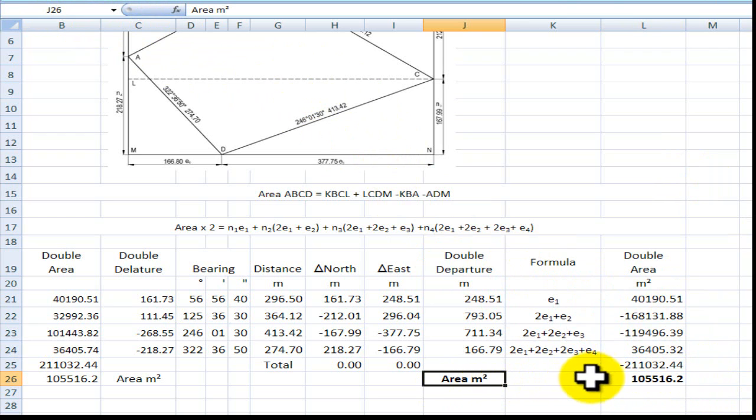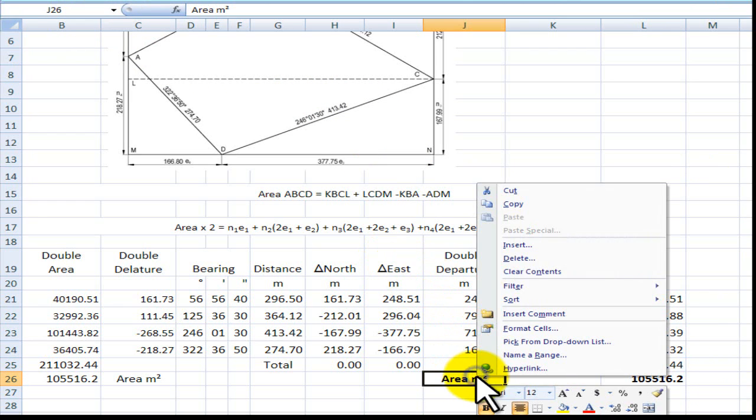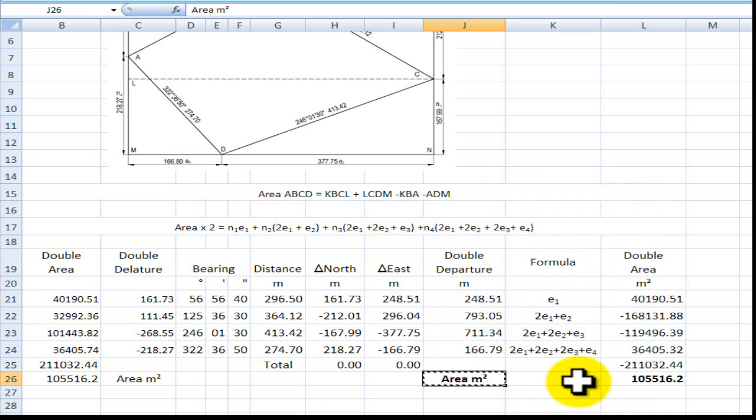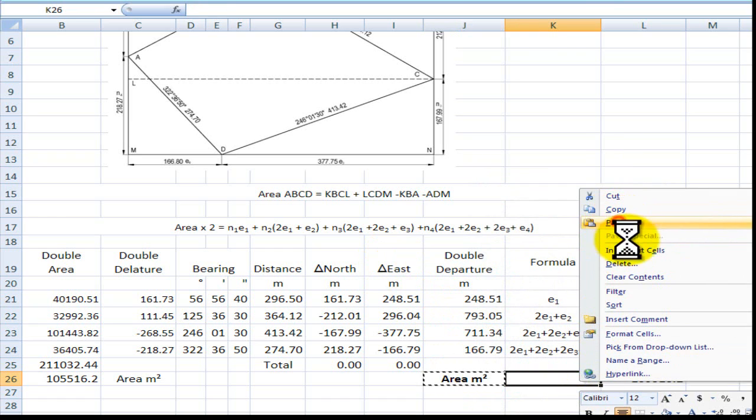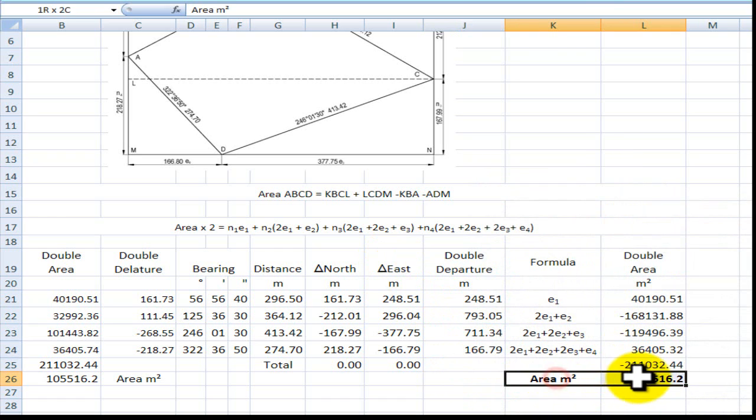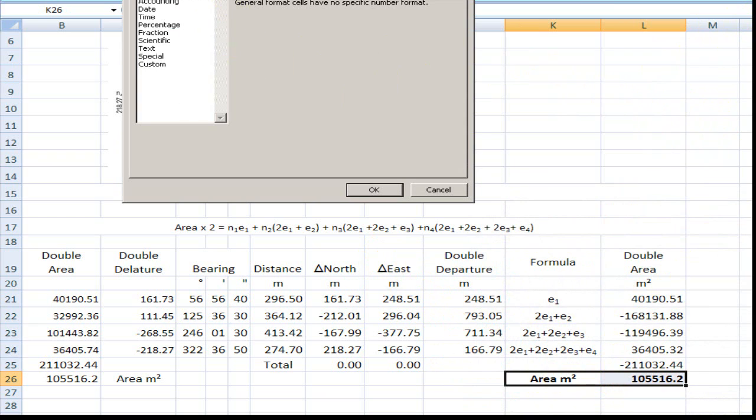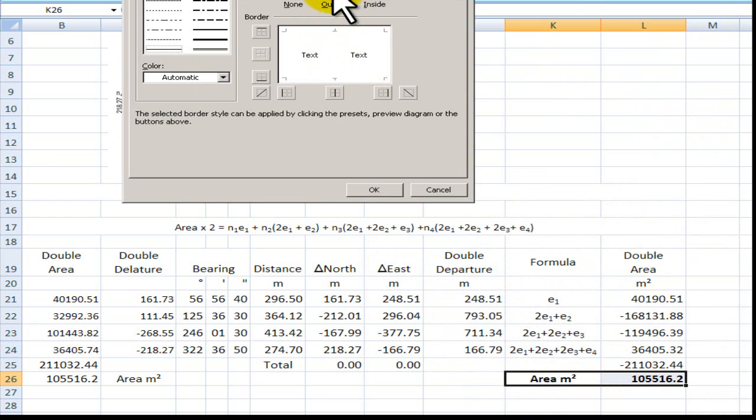All good there. Okay, I might just move that and put that in there. Yep, there you go. And let's put a little box around that.